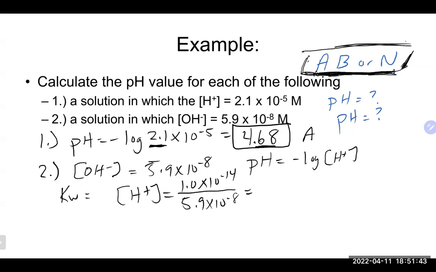That gives us approximately 1.7 times 10 to the minus 7 molar for our H plus. That then can go into our pH equation, minus the log of it.